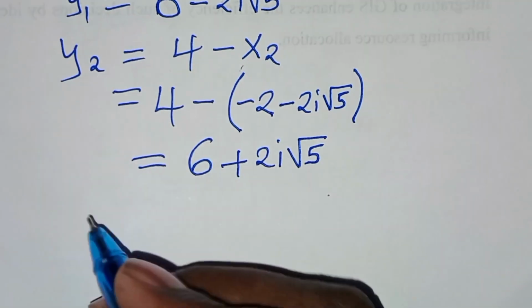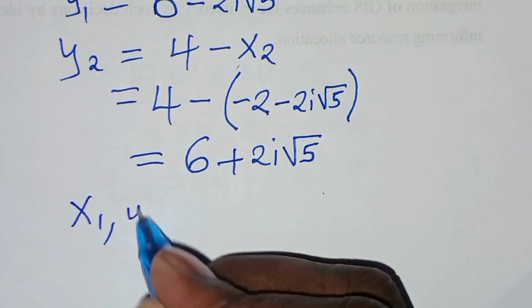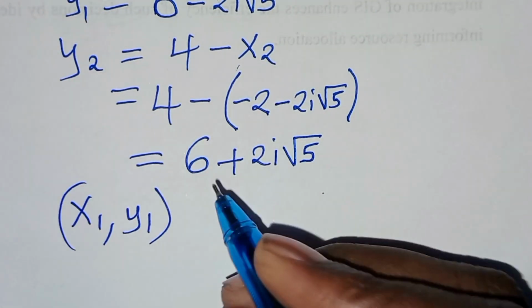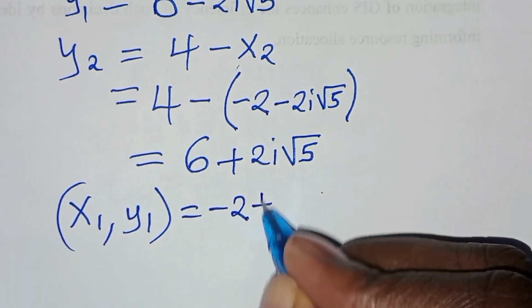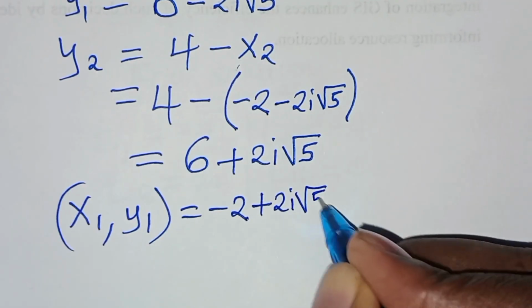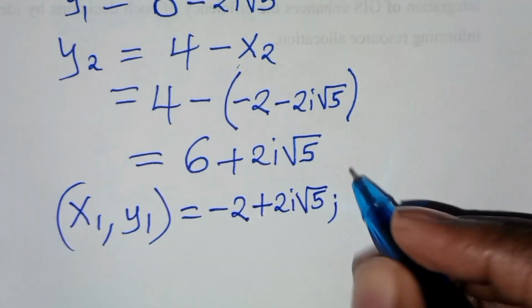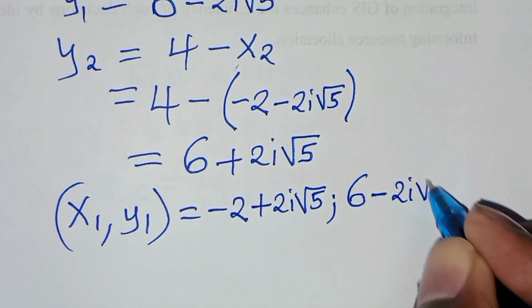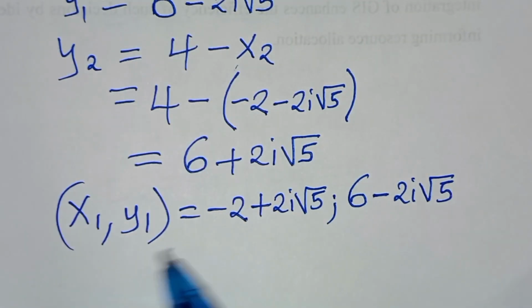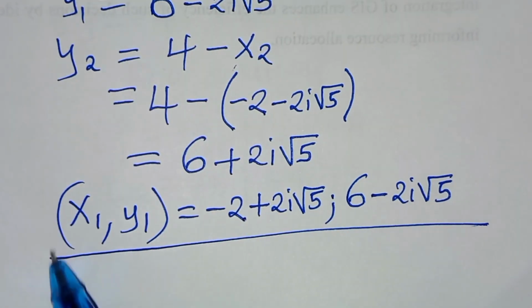So we have that x1 comma y1. This is the same thing as minus 2 plus 2i square root of 5, and we have y1 equal to 6 minus 2i square root of 5. So this is the first set of solution we have.